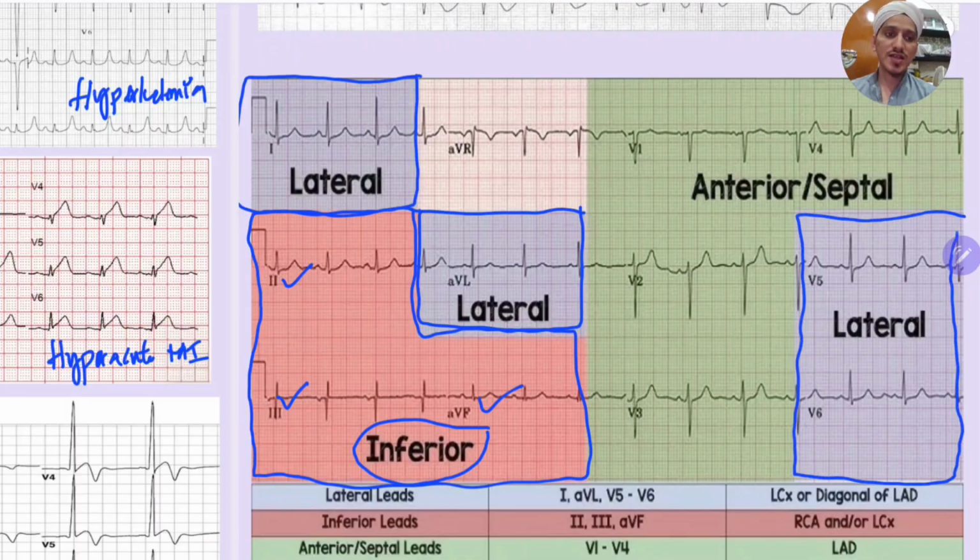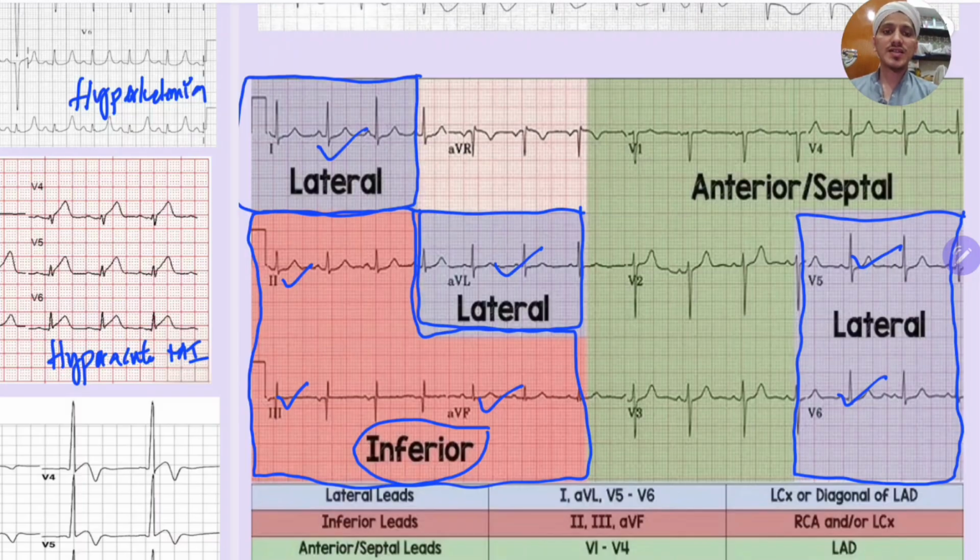What that means, the lateral leads are 1, AVL, V5, V6. But if you remember the basic arrangement of the leads in the horizontal plane and in the frontal plane, this is not required actually. You will remember in seconds. But to have fast remembrance whenever you are seeing an ECG, just remember these patterns.